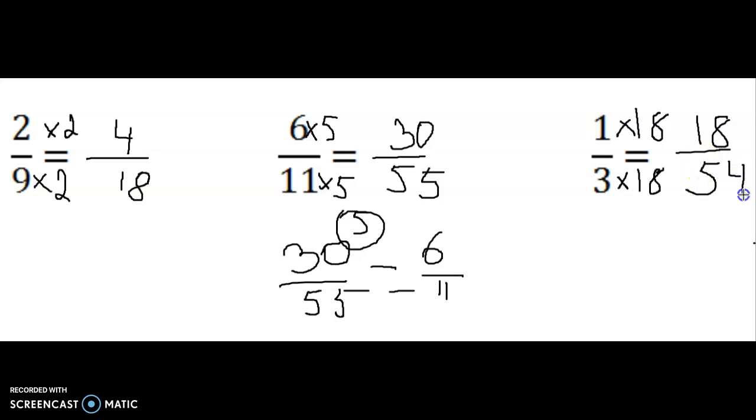So if it comes as 18/54 and we are required to simplify it, we will know that it is 1/3, with our greatest common factor of 18.